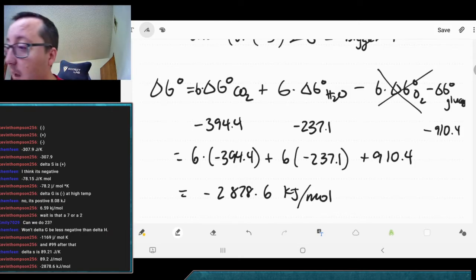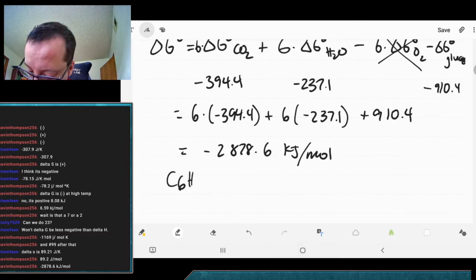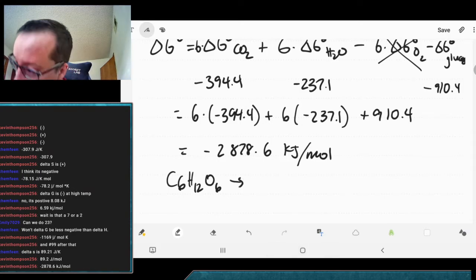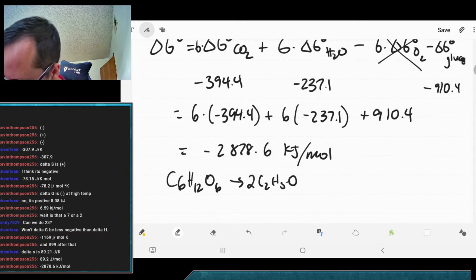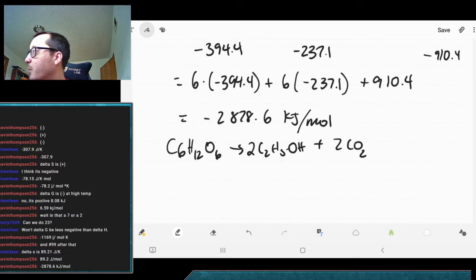All right, and if we look at that second reaction here, C6H12O6 is going to turn into 2 ethanols plus 2 CO2s. So we're going to look those up as well. Glucose we already had.